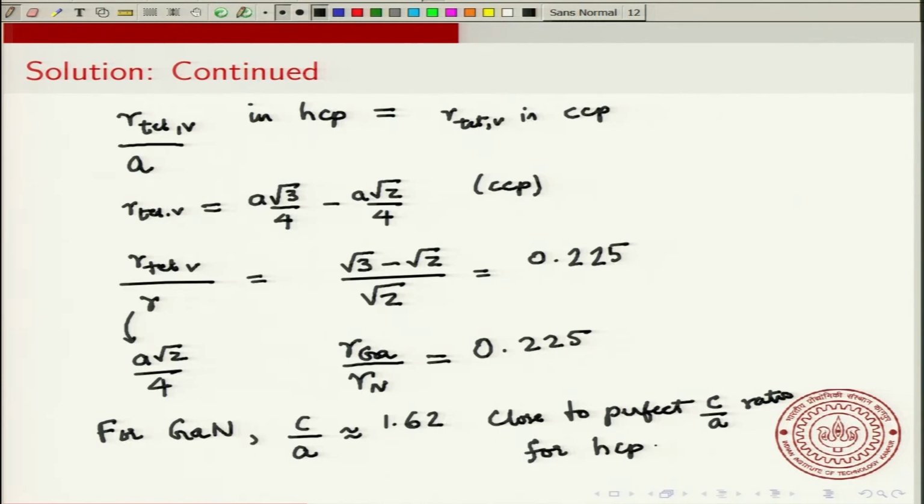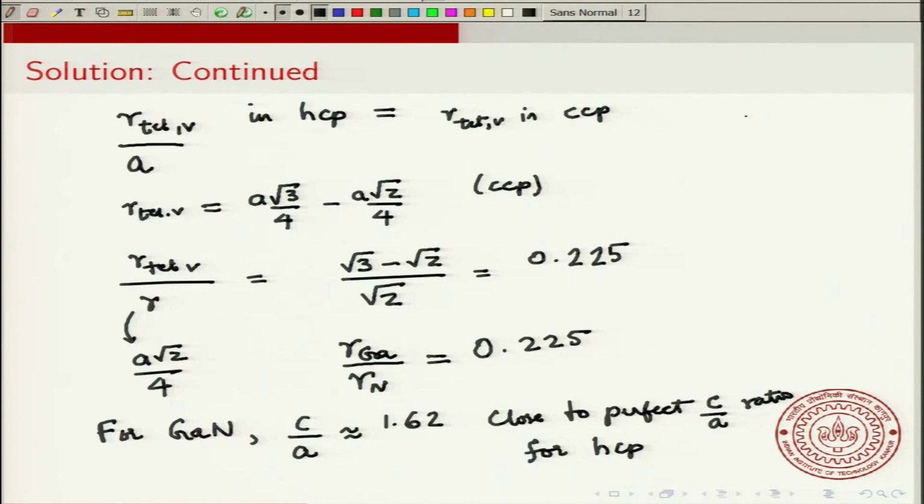And I took the liberty of using the tetrahedral void in the cubic close packed structure to estimate this, but you can also do this for the hexagonal close packed structure and you will get exactly the same answer. So, we can just use the HCP structure and locate the tetrahedral void. In this case, the geometry is slightly more involved.